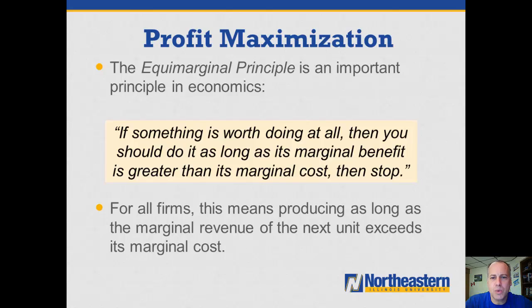If something is worth doing at all, you do it as long as its marginal benefit exceeds its marginal cost, and then stop once those two things become equal. For all firms, this means you produce as long as the marginal revenue of the next unit exceeds its marginal cost. If we can add more to our cash registers from selling one more unit than it costs us to produce that unit, then we should continue to do so as long as that is true.